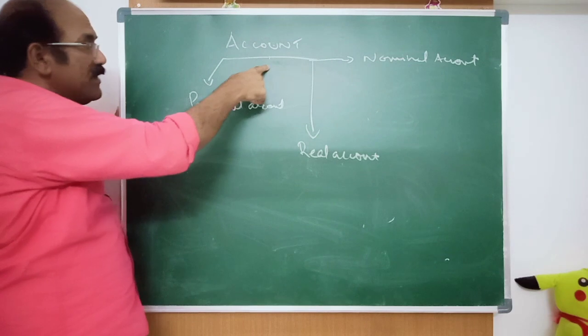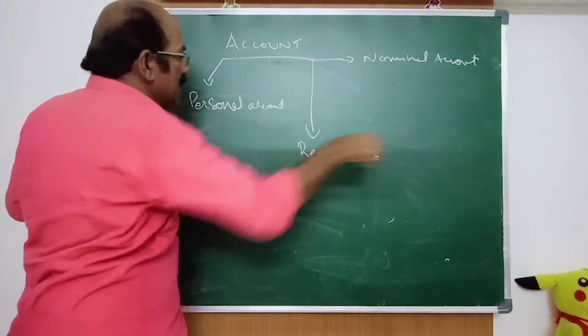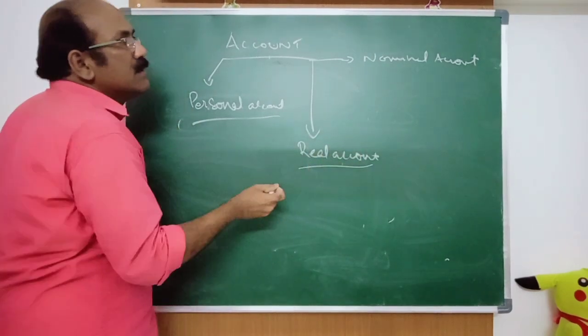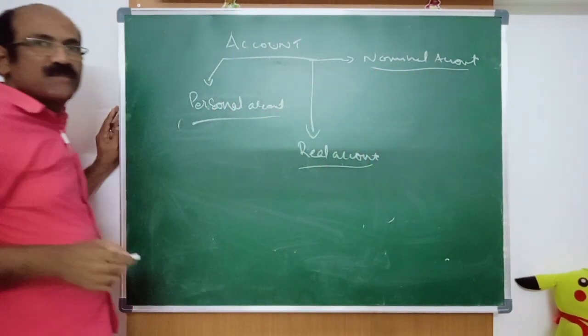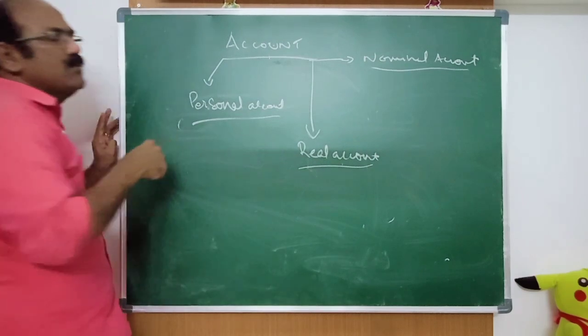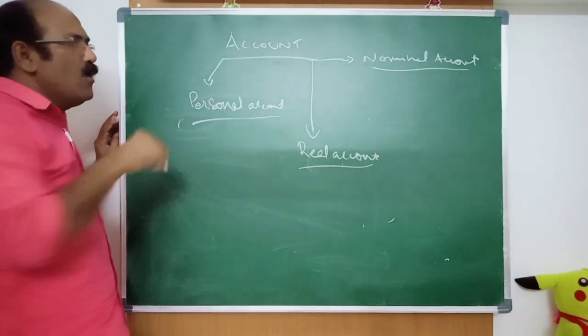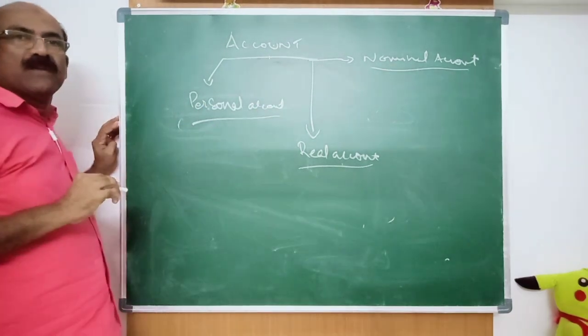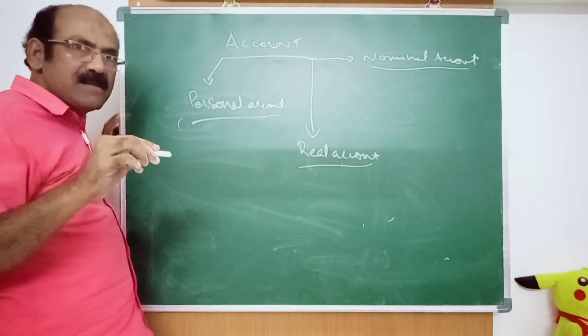Account is classified into three: one, two, three. Personal account, real account, and nominal account. This is very important for you to understand how it is working and what is the principle under this, for you to understand to prepare journal entries.